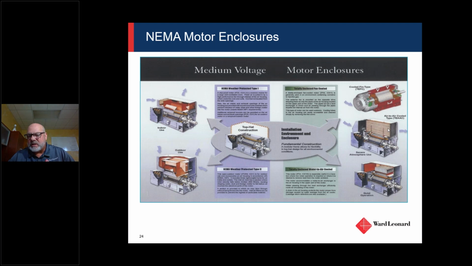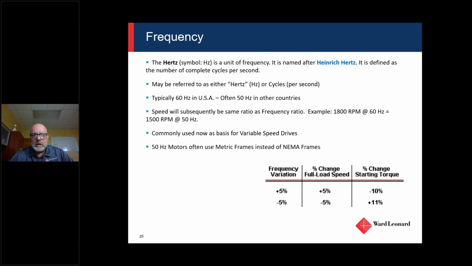It doesn't really get into the motor, it's just in the top hat design where the tube bundle is, but that's how it cools itself, and that's called a totally enclosed water to air cooled motor, TWAC. We see a lot of those on high voltage motors, high voltage induction operations.